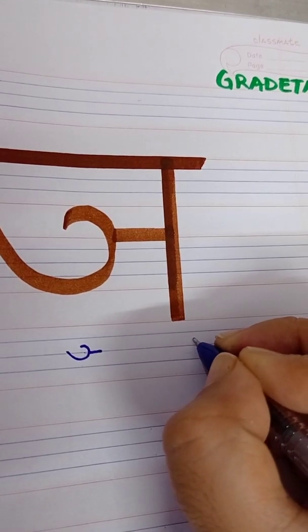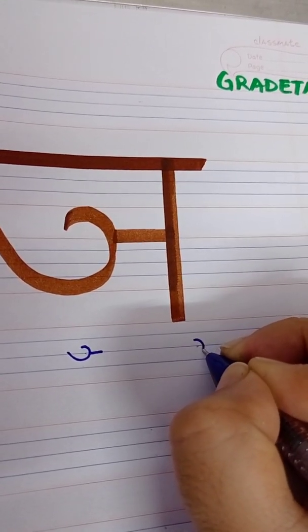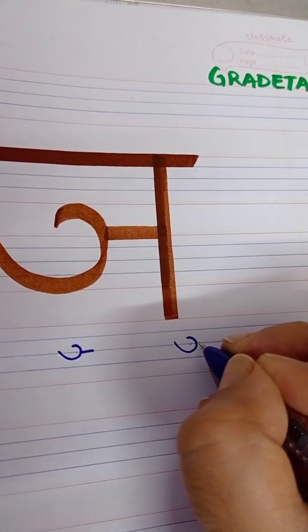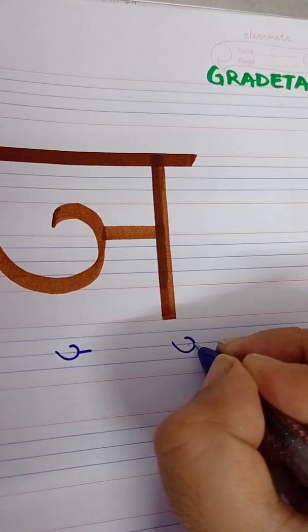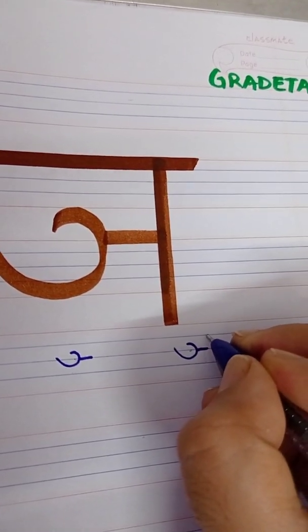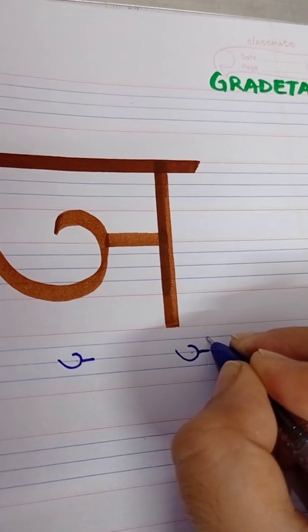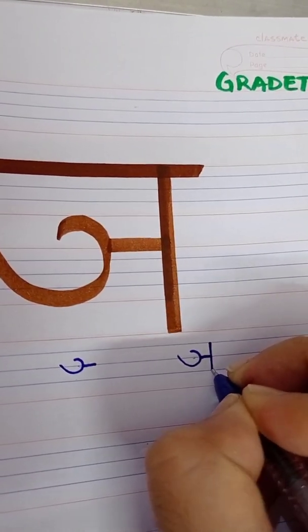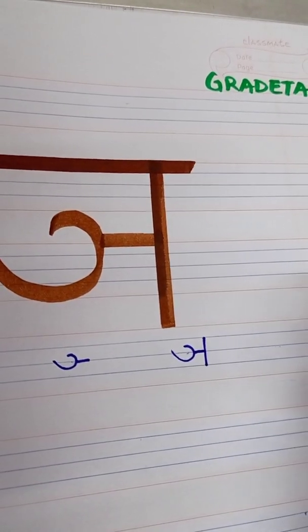Here make a curve this way, go up and cross this middle line. Now put your pencil on the middle line, make one sleeping line, then keep your pencil on the first blue line, go down straight and touch the last blue line.